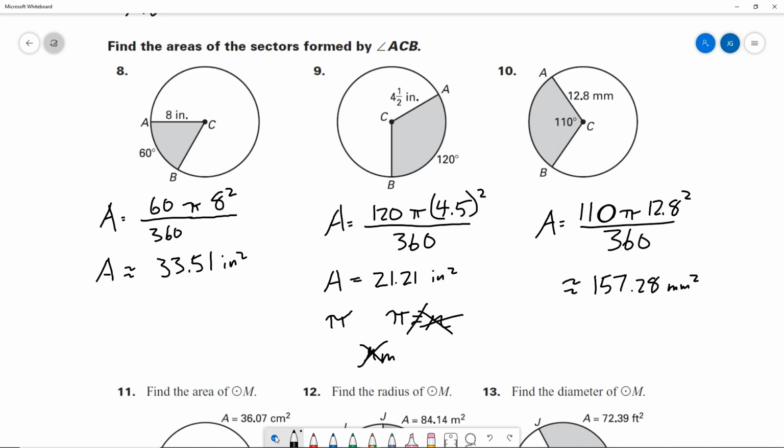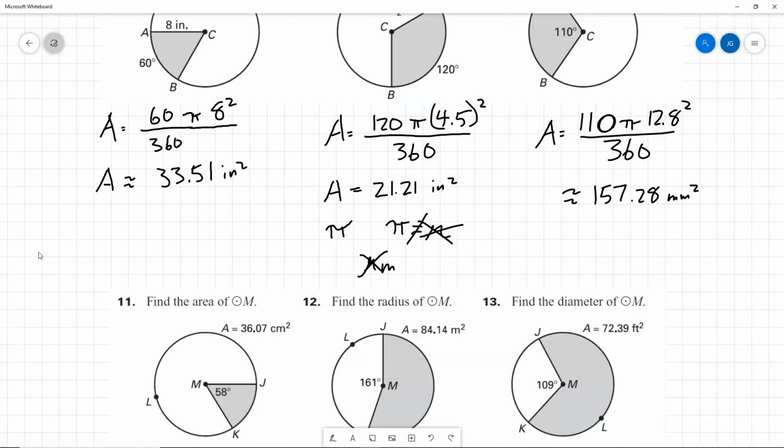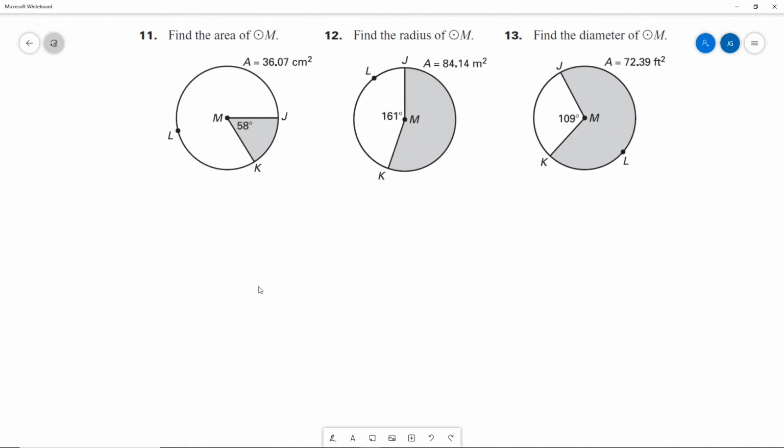All right, let's do the last three problems. So if you haven't already done them, give them a try, unpause when you're ready, and let's go through them now. Number 11 is a good old area of the circle. So we're going to take 336.07, set that equal to 58 over 360 times the area of the circle.